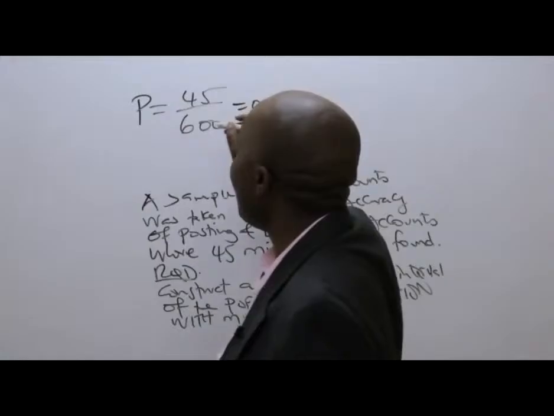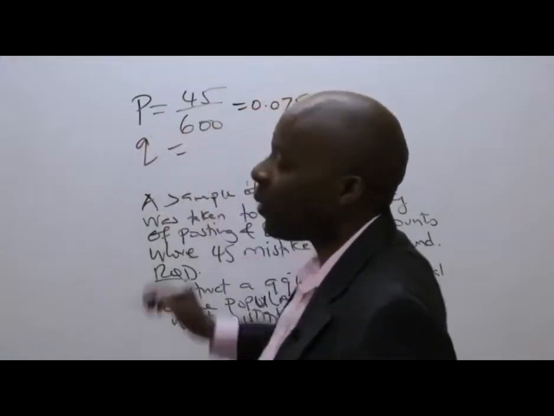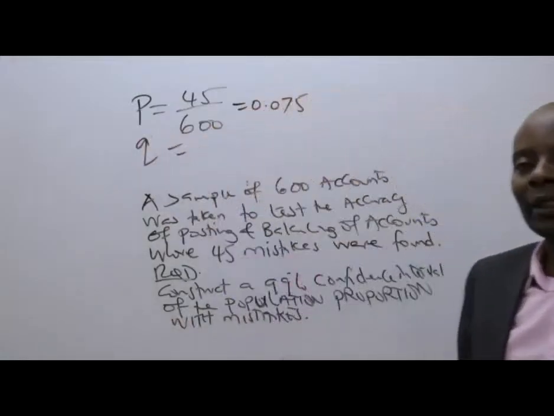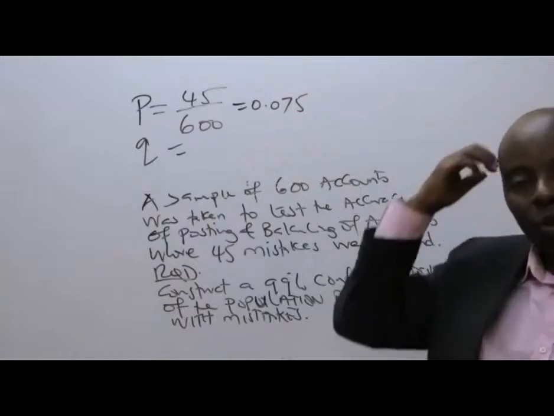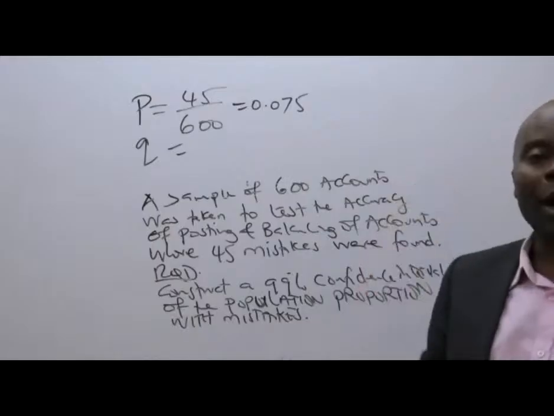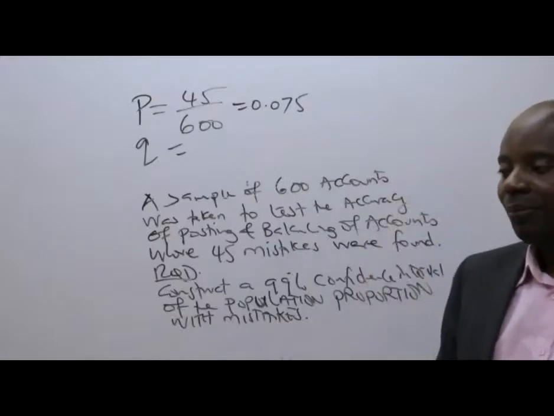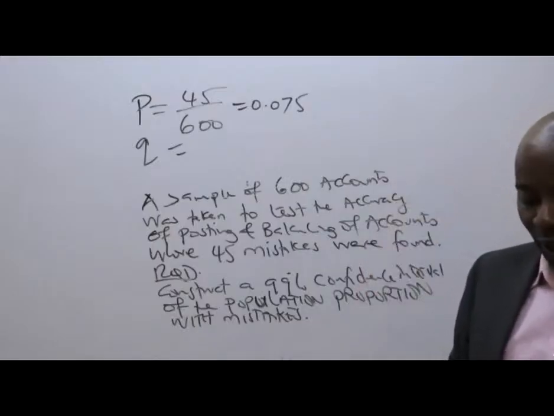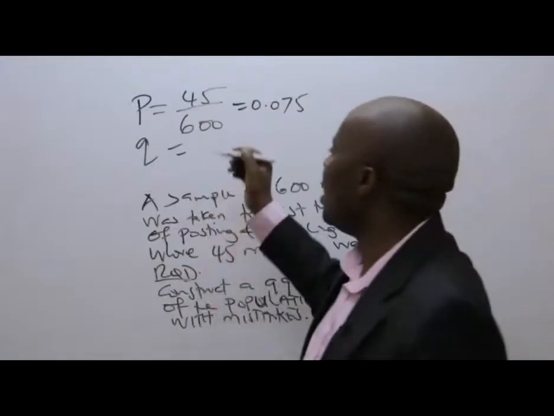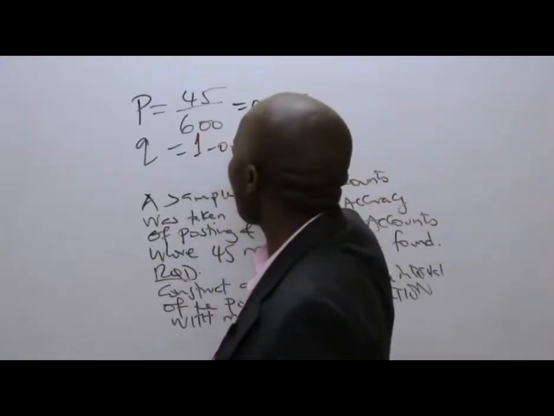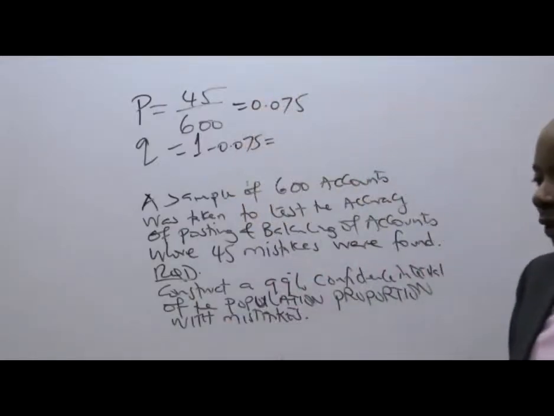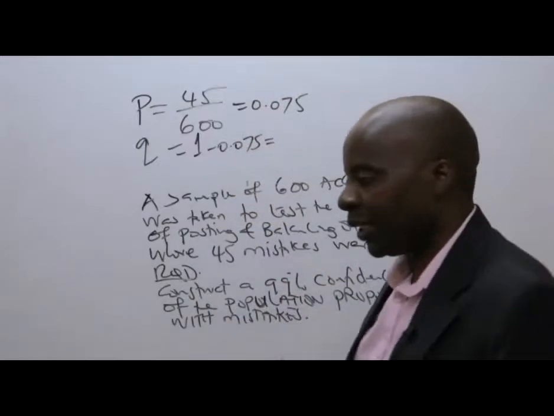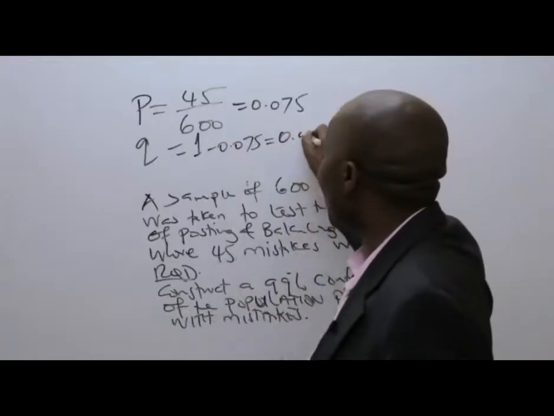Then what will be our Q? Remember that P plus Q must always add up to 1, meaning that Q will be 1 minus 0.075, which gives us 0.925.